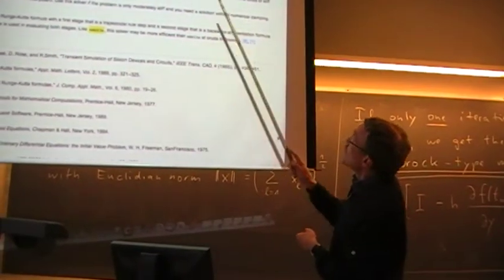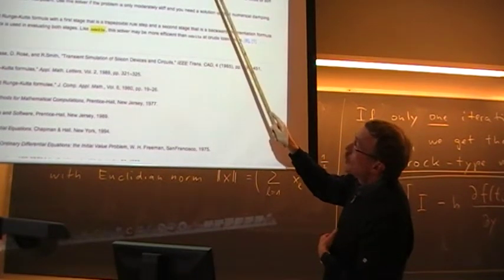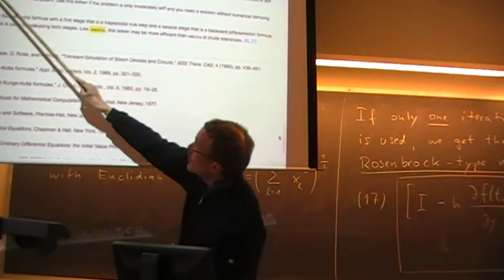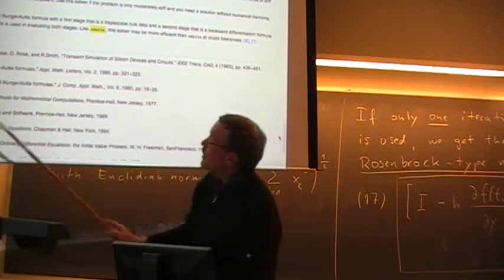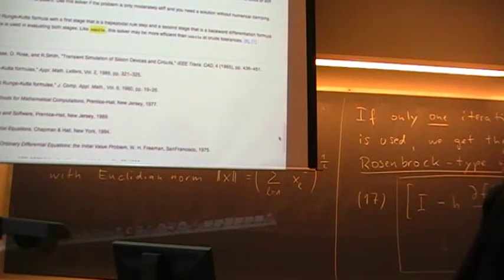And as you see here, it is based on either BDF or similar formulas to get higher order. But it uses, it says here, a variable order solver. So it could indicate that it's first order, up to fifth order.